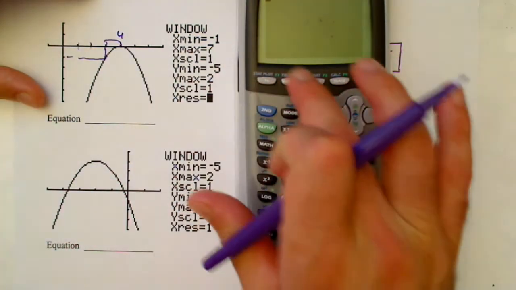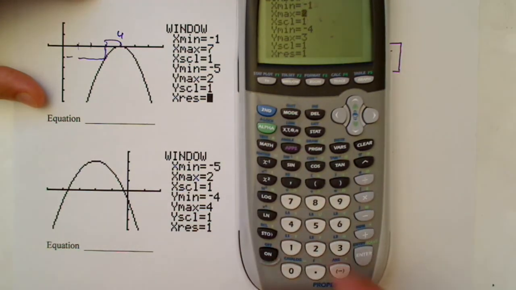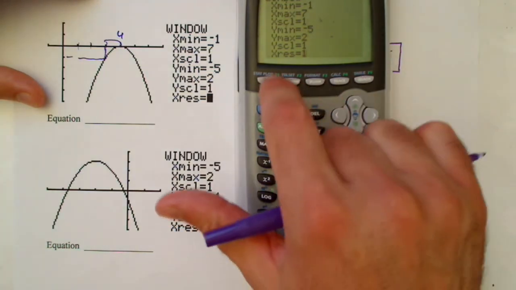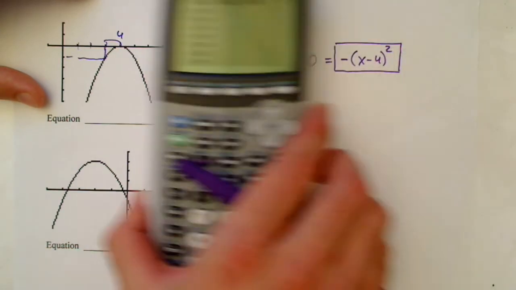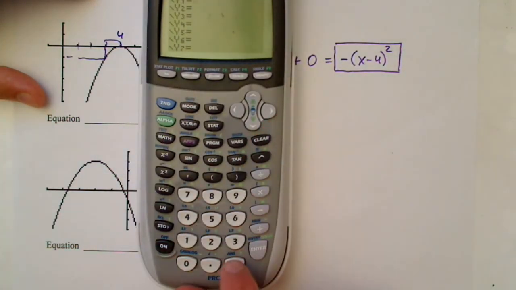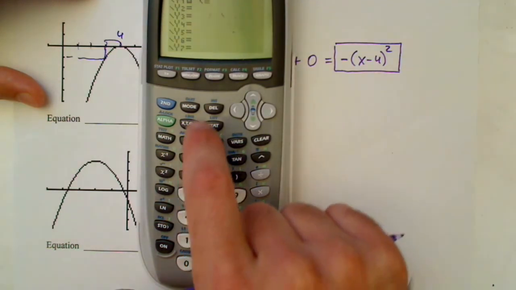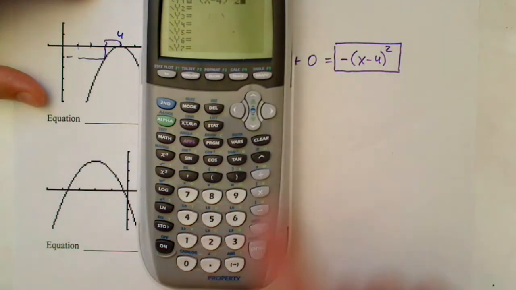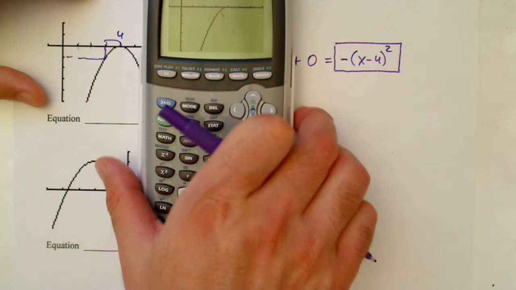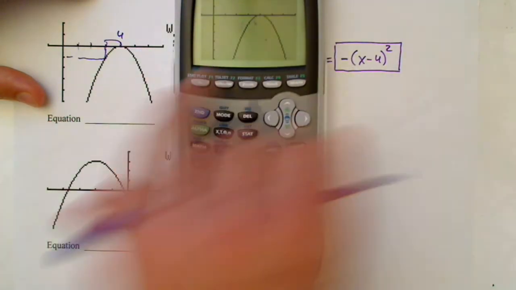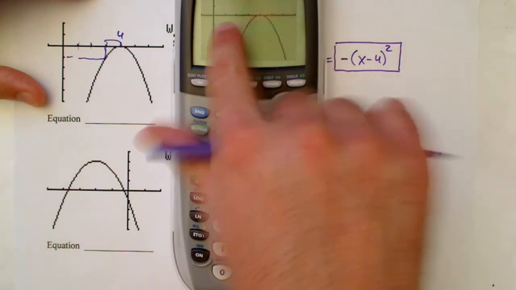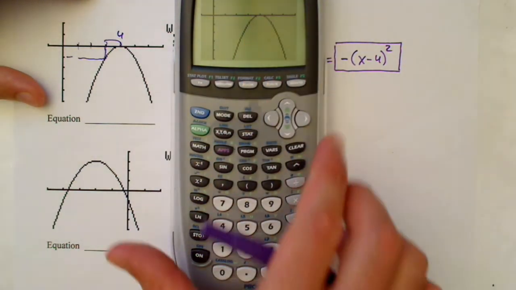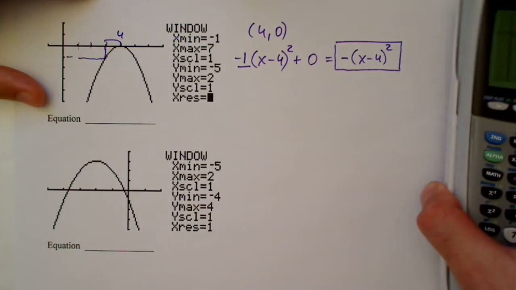Let's change the window right away: -1, 7, 1, -5, 2, 1, and our function is y equals negative, open parenthesis, (x minus 4) squared. Graph it, and it is exactly the same. Down 1, 2, 3, 4, vertex at 4, 0.